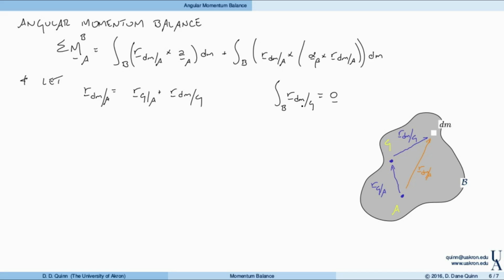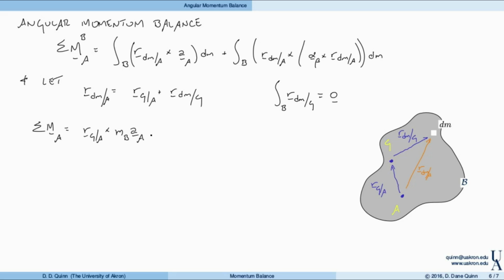Because G is exactly the mass center. So now when we introduce it into this previous expression, this first term simply becomes r of G with respect to A cross the mass of the body times the acceleration of A. This component vanishes, and then everything else is constant with respect to the object, so we just end up with the mass.